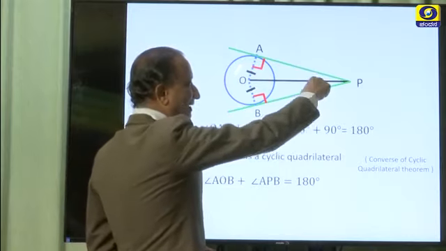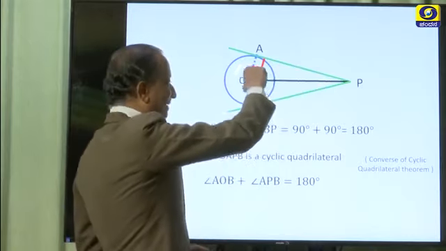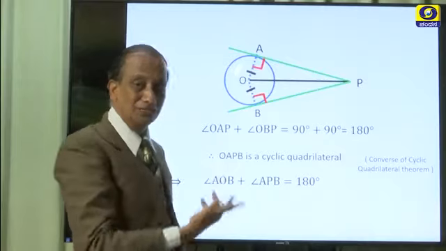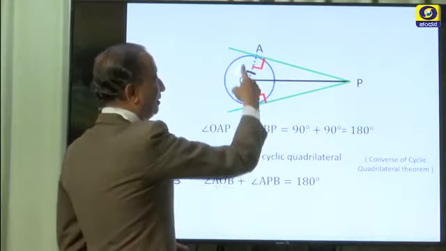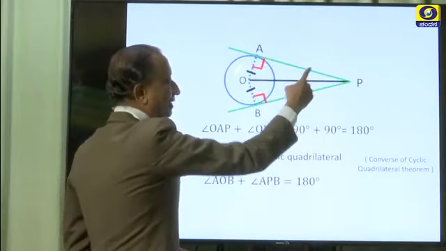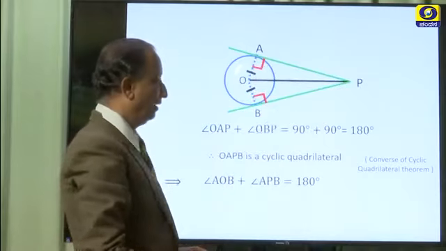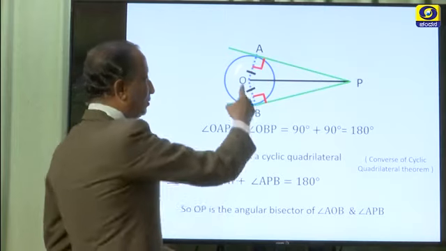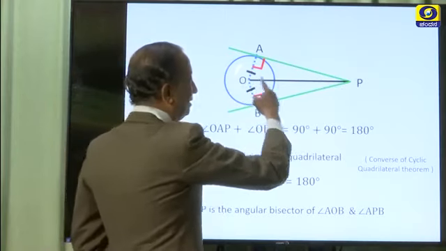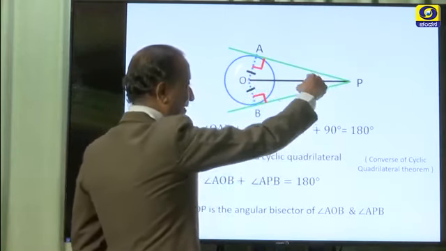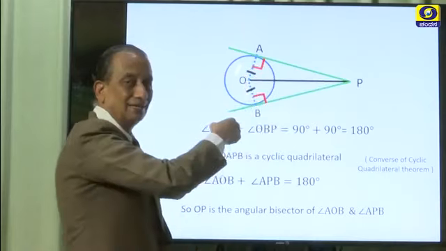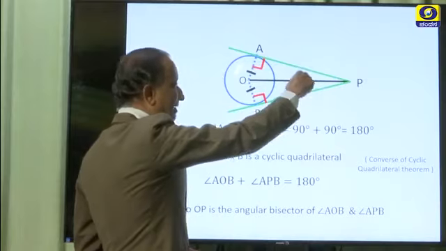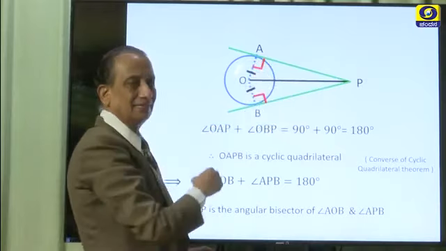If this angle is 90 degrees, then definitely this will also be 90 degrees, because we understood that this is a cyclic quadrilateral. Now, we can also say at the last point, this line OP is bisecting this angle as well as this angle, that is the angle between the tangents and the angle at the center.